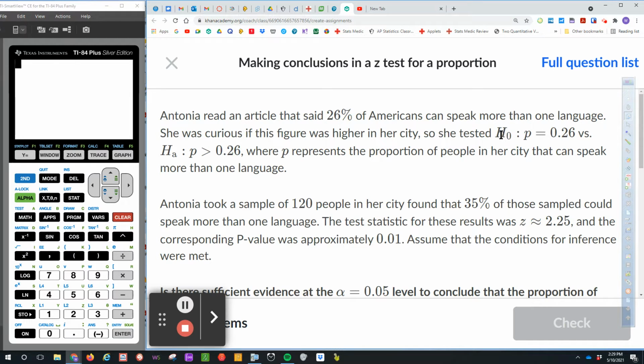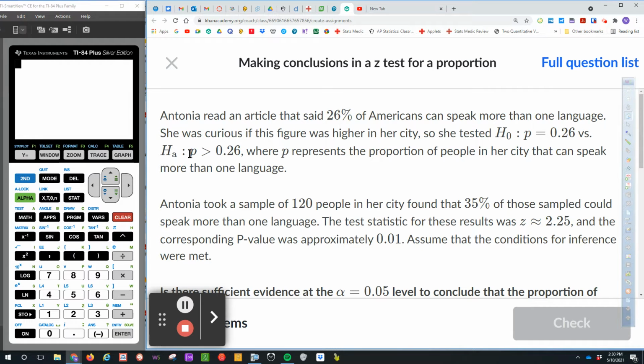Null hypothesis H naught colon, and then this is the population proportion that the article claims, that 26% of Americans can speak more than one language. So population proportion equals 0.26 versus the alternative hypothesis.